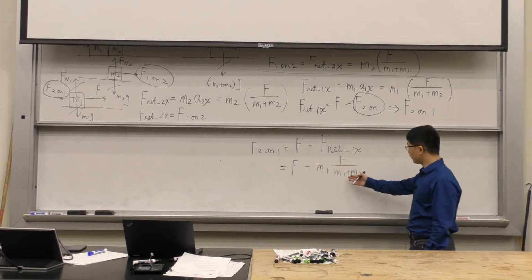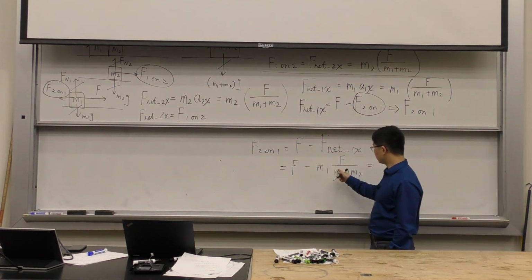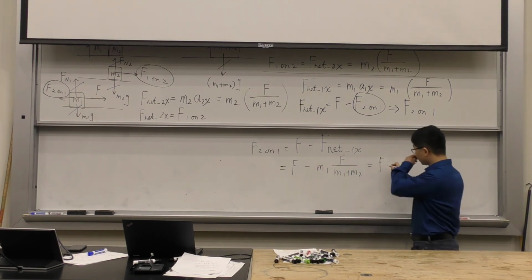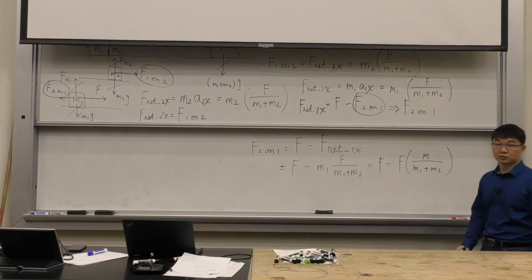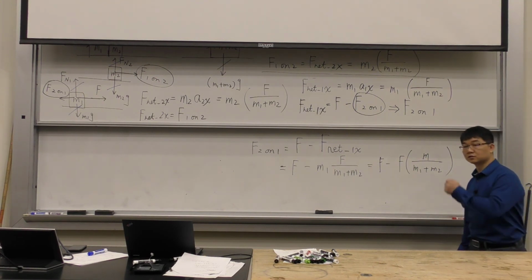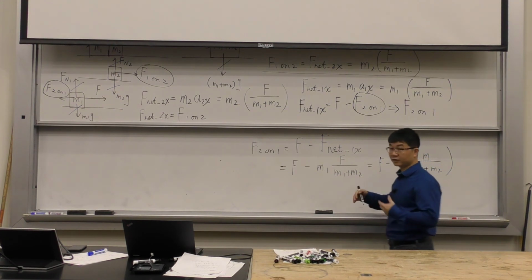So how do I simplify this expression? I realized that the second term is just going to be F times m1 divided by m1 plus m2. So this is totally math. I'm doing math with these symbols. So I can factor out this F to make it a little bit nicer.